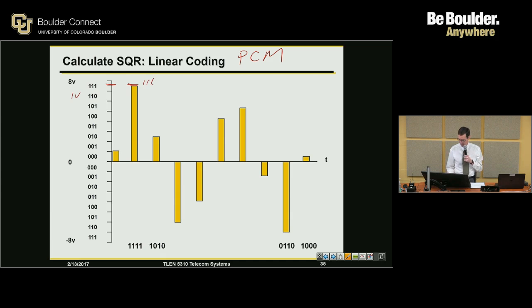If my sample happens to be this one down here, it looks like it's probably somewhere around a 0. So it's very straightforward. Just map it over and see what the range is going to be.